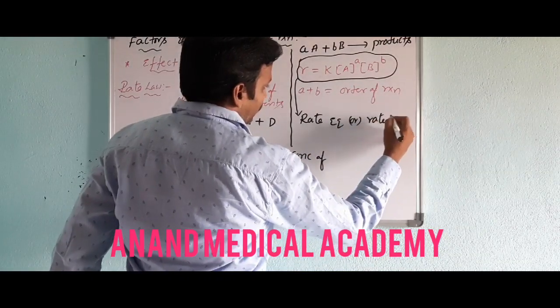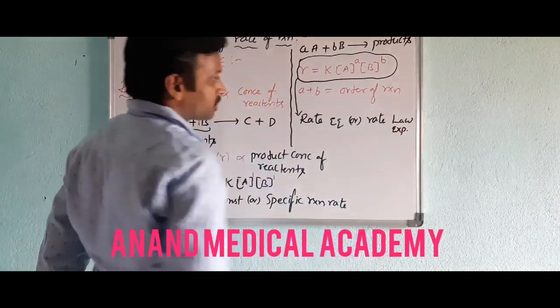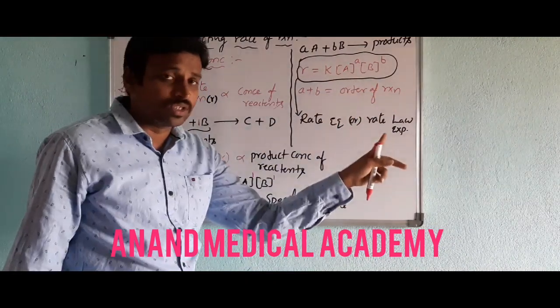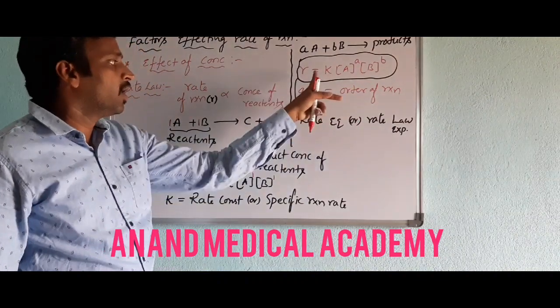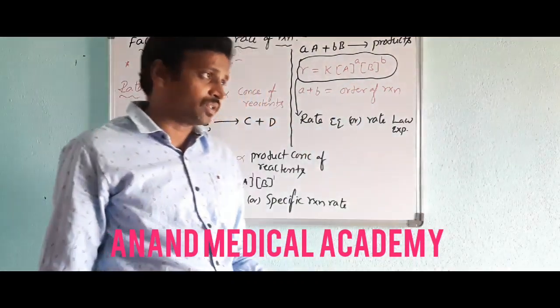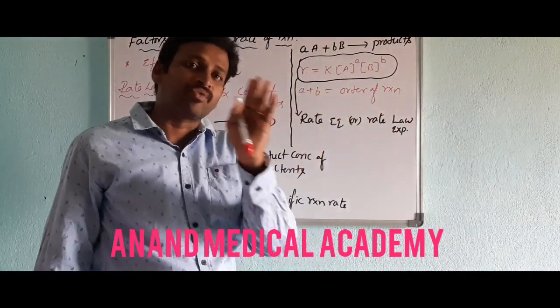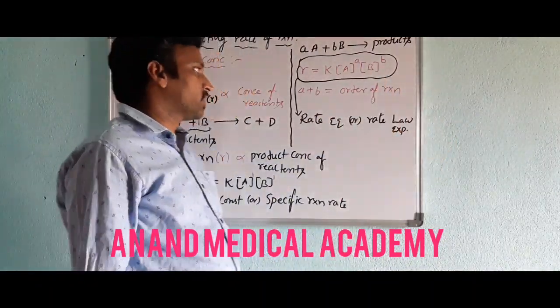The order of reaction is the sum of the powers of the concentration terms in the rate law or rate equation. What is order and how to calculate the order of reaction, everything we will discuss later on.